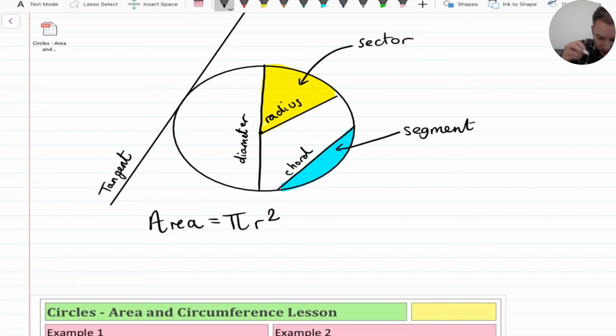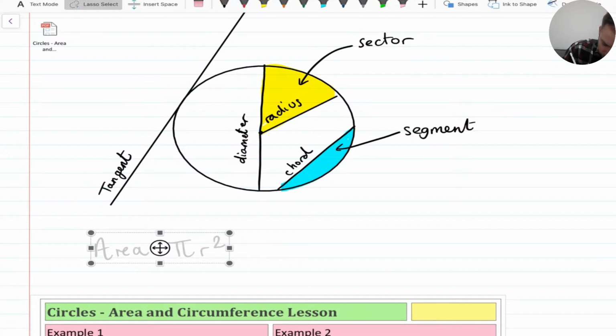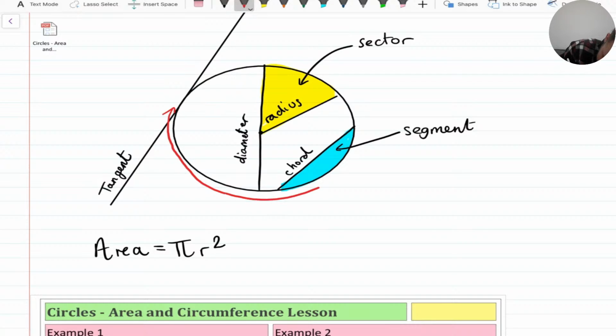Oh, I'll tell you what I haven't written on here, which I do need. We also need, this one's quite important actually, because we do need this one. We need the circumference, which is going to be the distance all the way around. This is called the circumference.